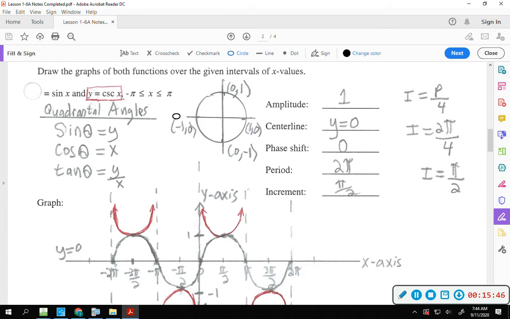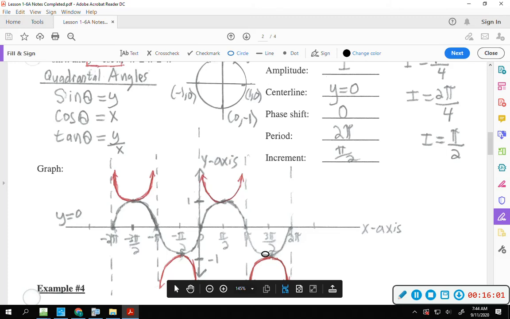The sine at pi is the y-coordinate at pi, back to 0. The sine at 3 pi over 2 is negative 1. The sine at 2 pi is back to 0.